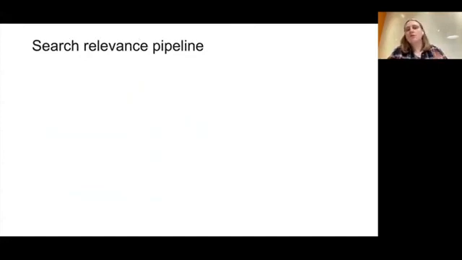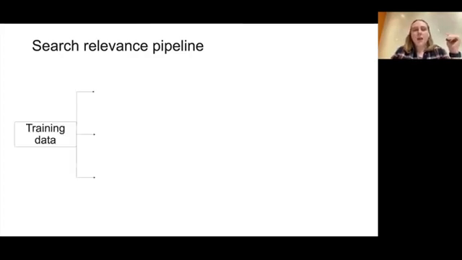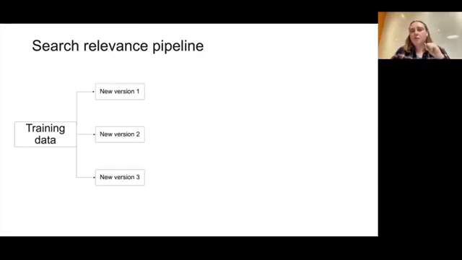So, just a brief overview of how it all works on a real use case. Here we have a search relevance pipeline. We all use search engines, but how does it all work? There is some algorithm, and this algorithm requires training data. Then we train this algorithm and receive several versions.